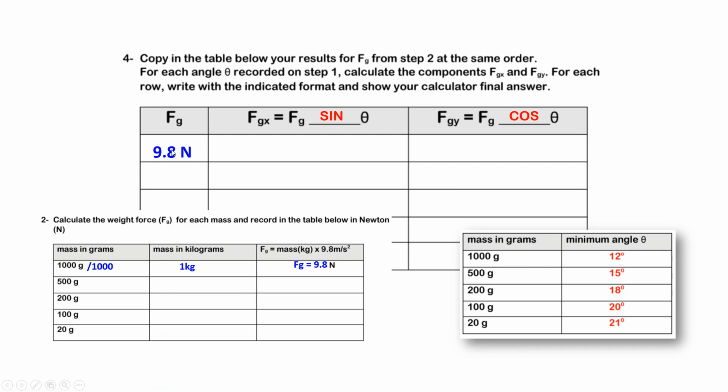So for 9.8 newtons, the FGX will be 9.8 times sine of 12 degrees, which is 2.03 newtons. And this is FGY: 9.8 times cosine of 12 degrees, which is 9.58 newtons.